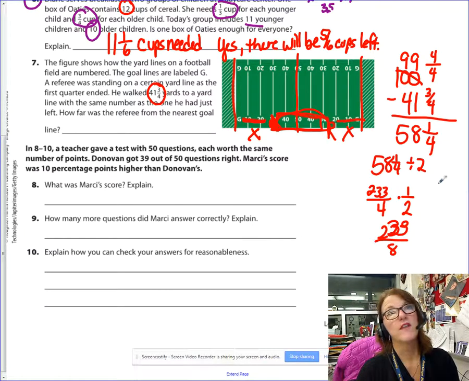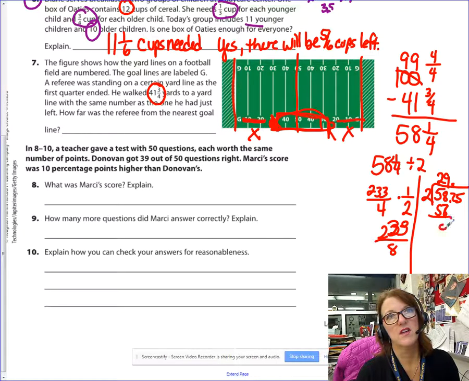Or if you'd rather work with decimals, you could write 58.25 divided by 2 and do it this way. 2, well, I know it's 29 because 29 times 2 is 58. All right, bring down the 2, that goes in there once. I get a remainder of 0. I have to still continue on until I have either a repeating pattern or my decimal terminates, and I get a 5.